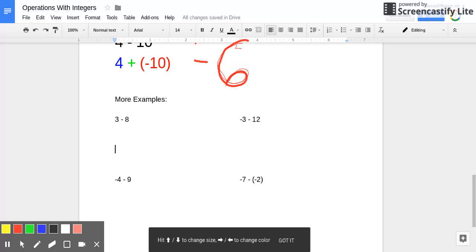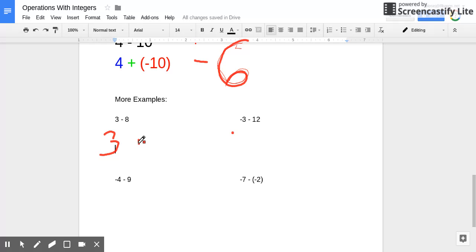So we're going to look at the first one, 3 minus 8. So we're going to leave it, write the 3. Oops, there we go. Change subtraction to addition. And the opposite of 8 is now negative 8. So we're going to follow our rule, where we have to take the different signs, negative and a positive, and we're going to add those together.